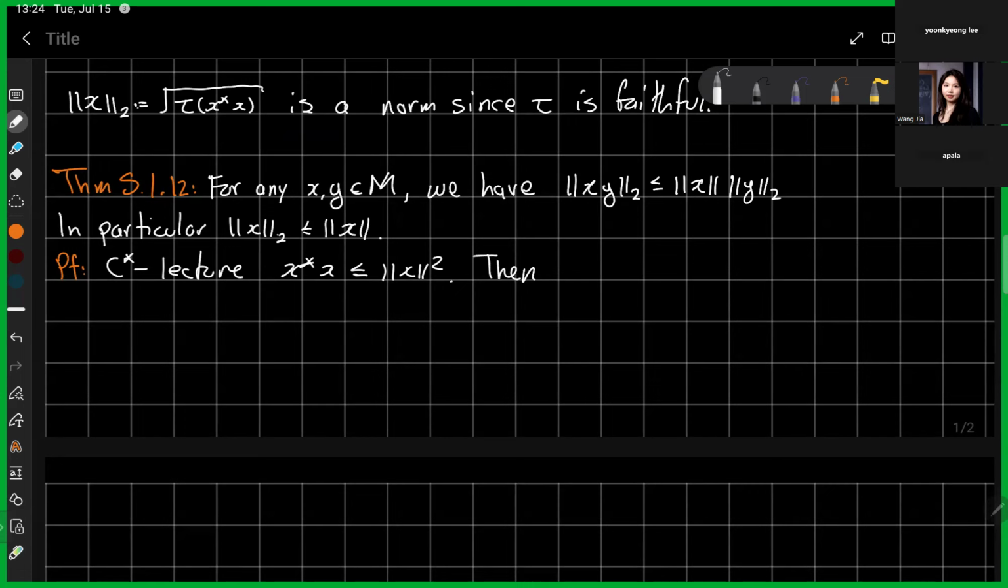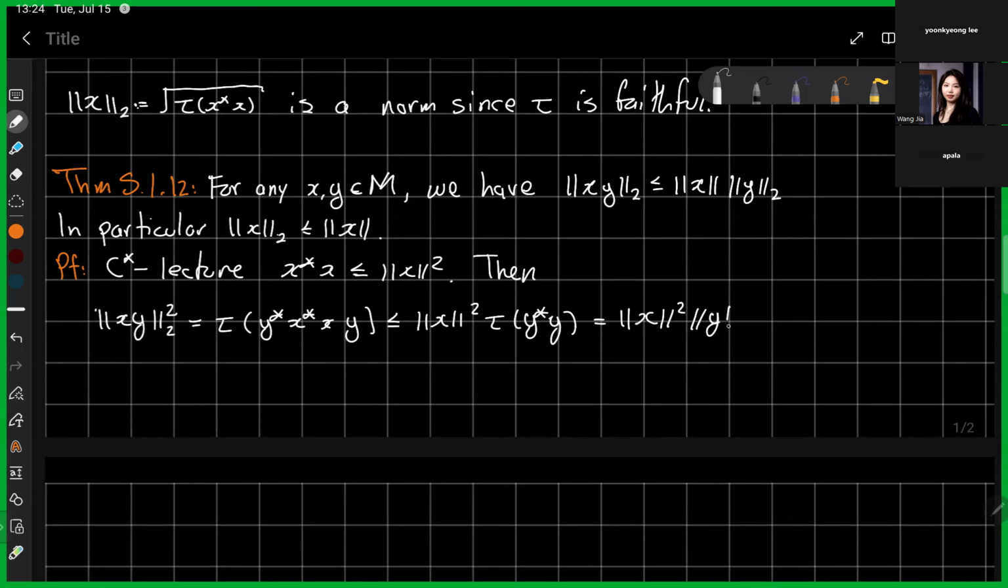Then the trace of this is just equal to the trace of y star, x star, x. And then just taking the square root finishes the proof.